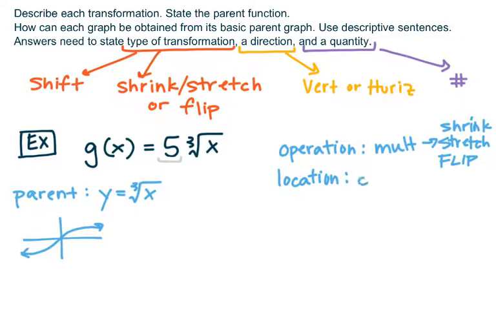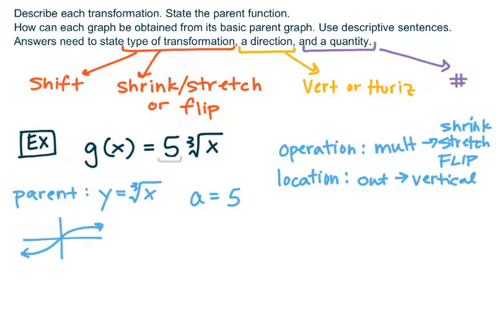And the location, because it is outside, that lets us know it is vertical. Okay, so this is a vertical shrink or stretch. And the variable we use to represent what that number is doing is a. So we'll say a equals 5.